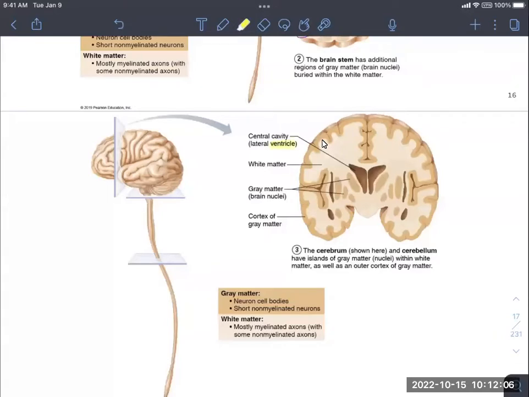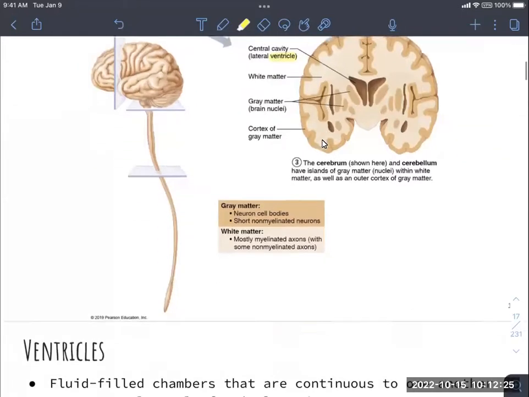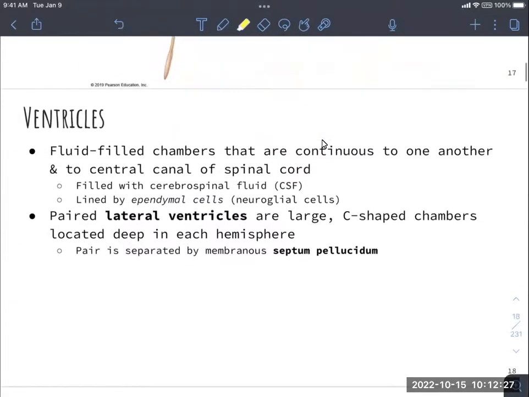Those open spots, those ventricles all do specific kinds of jobs or tasks. Or they may circulate and make that cerebral spinal fluid. So let's look exactly what those ventricles do.